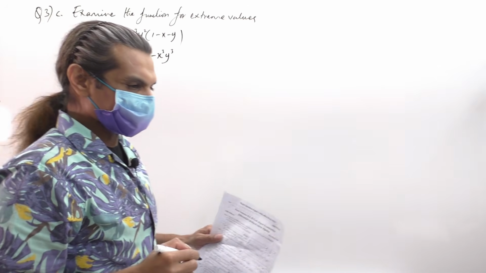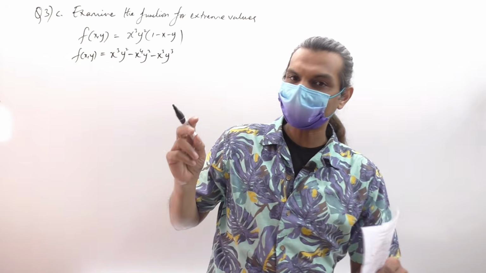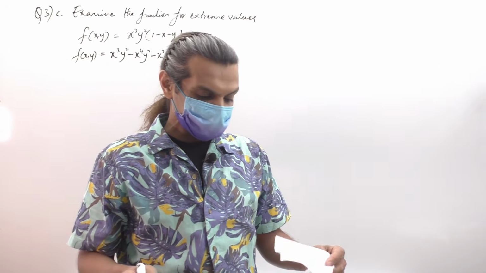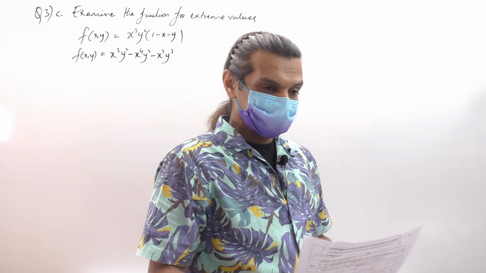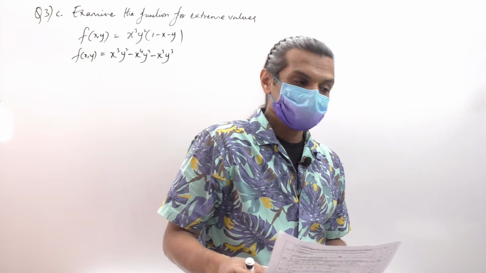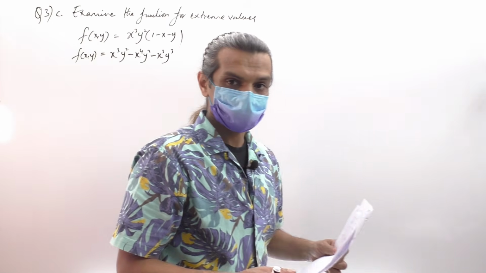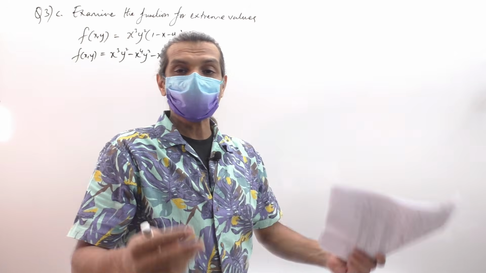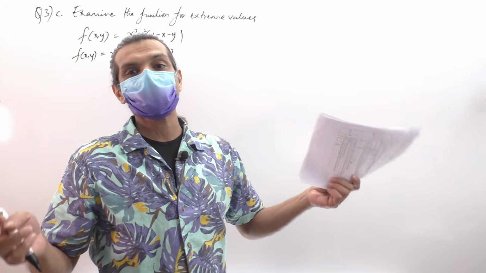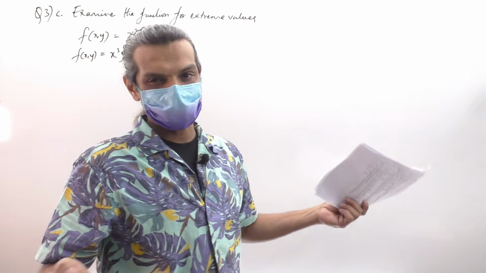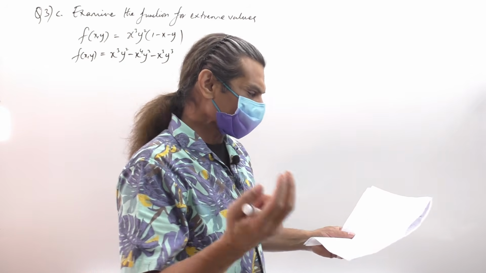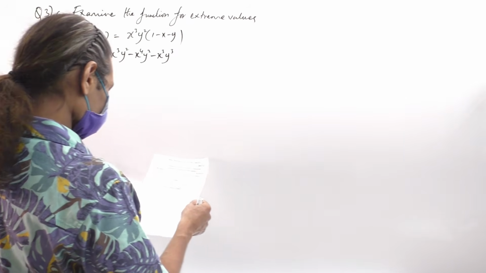Always for finding the maxima and minima, we first find fx, partial differentiate with respect to x, then partial differentiate with respect to y. After partial differentiation with respect to x and y, we assign fx = 0, fy = 0, and we find the stationary points, from which some are maximum, some are minimum, some we don't care about.